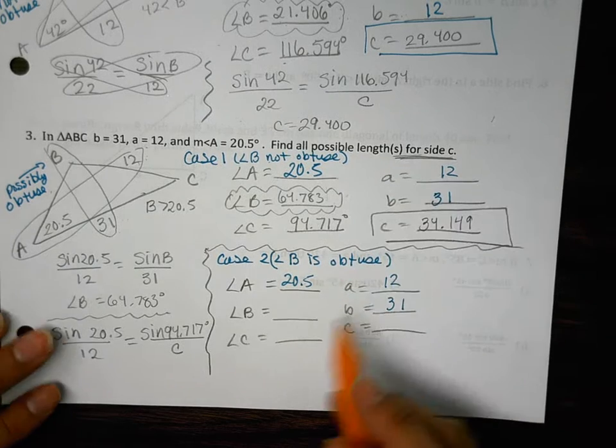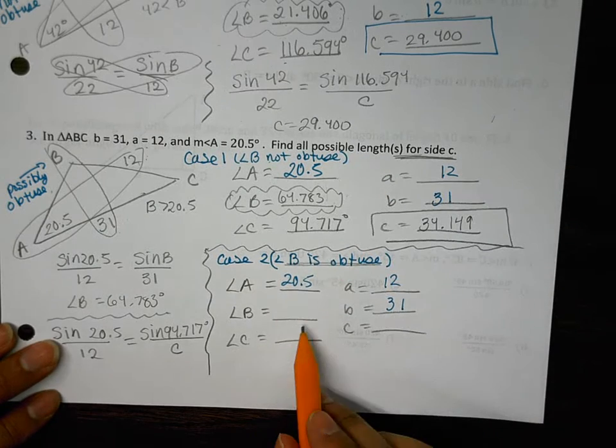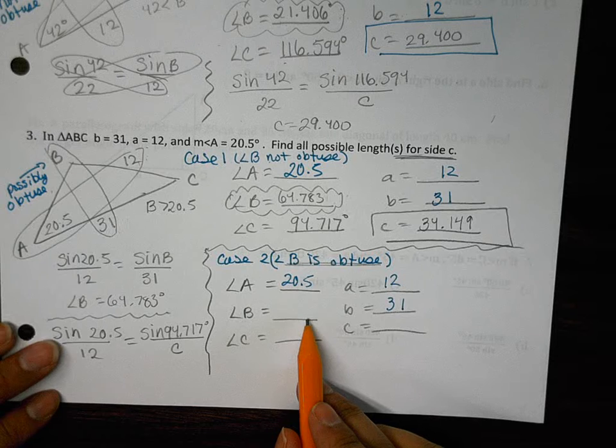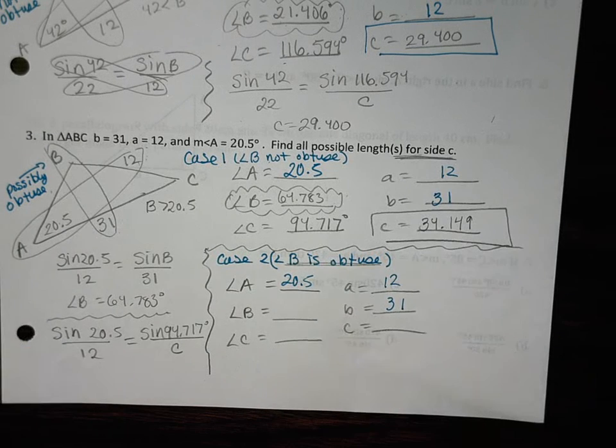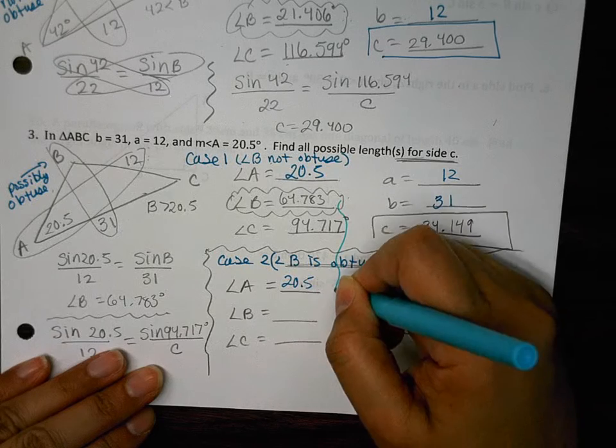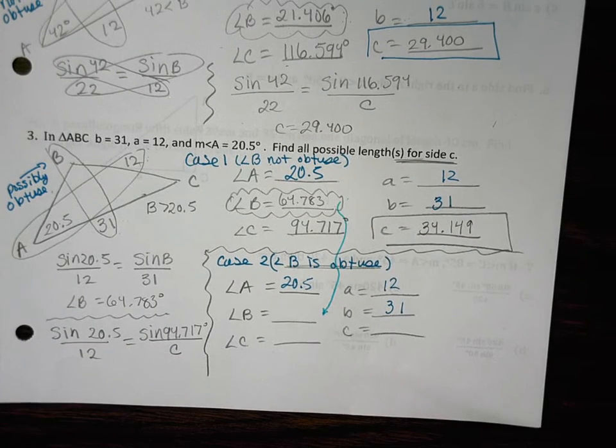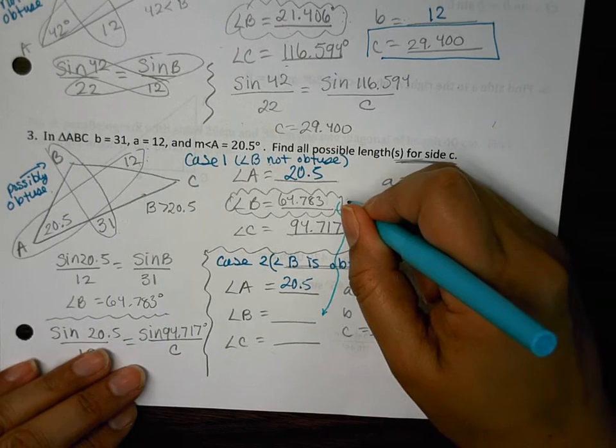Okay. Now, we just said we cannot use law of sines to find an obtuse angle. So if B is obtuse, should I use law of sines to find it? No, it's not going to work. So he said, take the 64.783 and subtract it from 180.